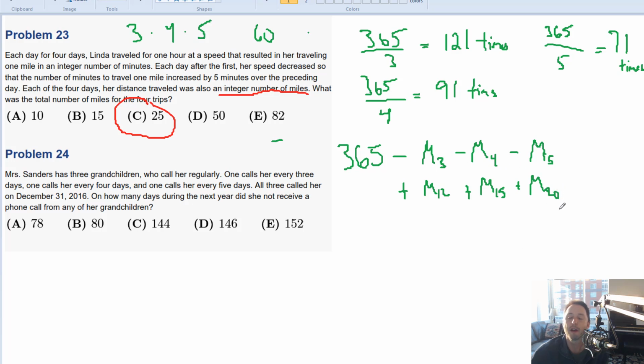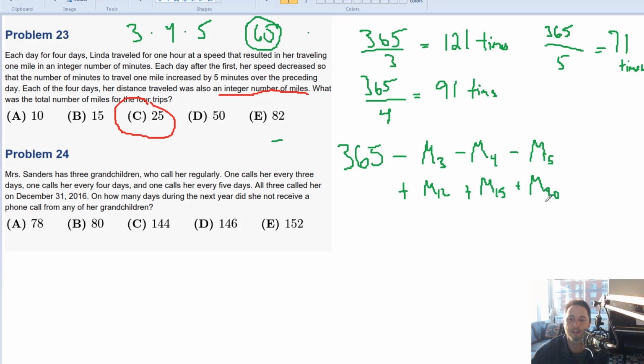Right. So now there's one more complication here, and this is obvious to people who've seen these types of questions: there are certain days, and I kind of hinted at it already, every 60 days, all 3 called. So the question is what do we do with those days? Okay, we counted 60 here, here, here, then we subtracted it here, here, and here.